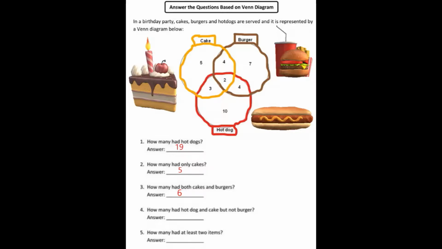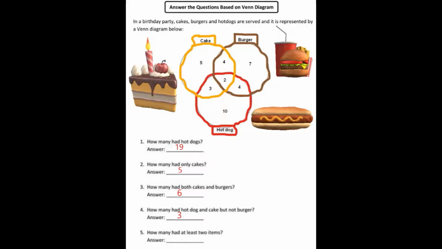Okay, so we're looking again where the cake and the hot dog are intersecting with each other, and that's right here where I'm circling the number 3. These 3 people had a hot dog and a cake, but they did not eat a hamburger. So the answer for number 4, how many had hot dog and cake but no burger, is 3.